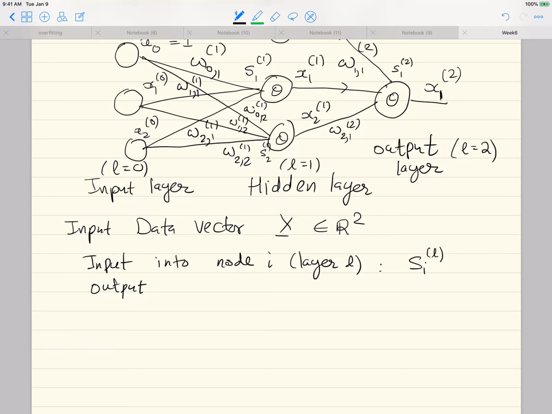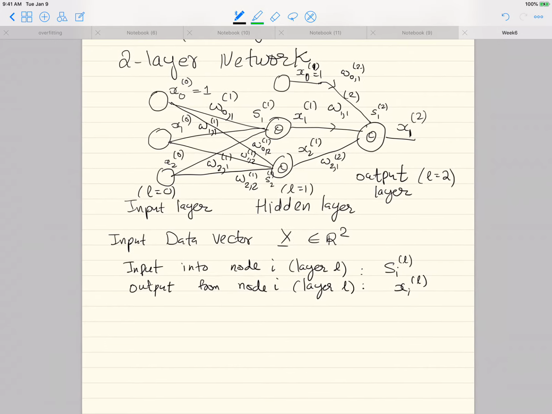Output from node i, layer L, you will have x_i of L. That will be the notation throughout.